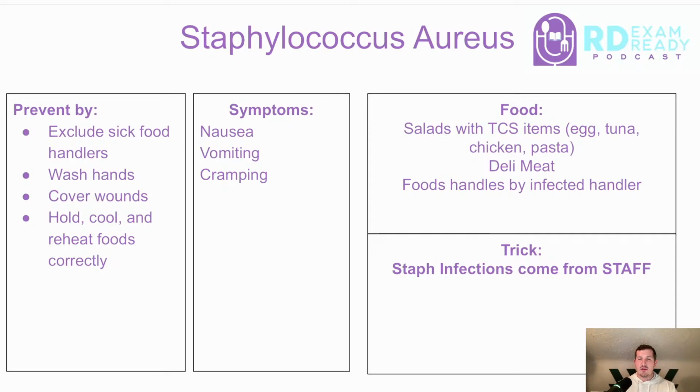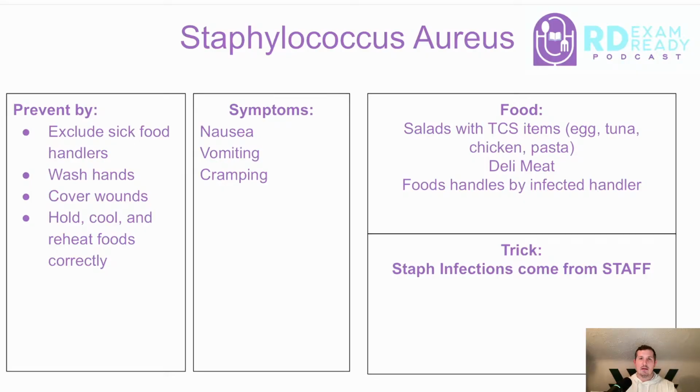And then the foods that we associate with it, again, we're seeing some TCS items here like egg, tuna, chicken salad, pasta, because these foods have usually already been cooked and now they've been cooled down. So if someone has bare hands and then they touch that food, the bacteria is coming into contact with it. And if you're not cooking it, well, hey, it's just going to continue to grow.